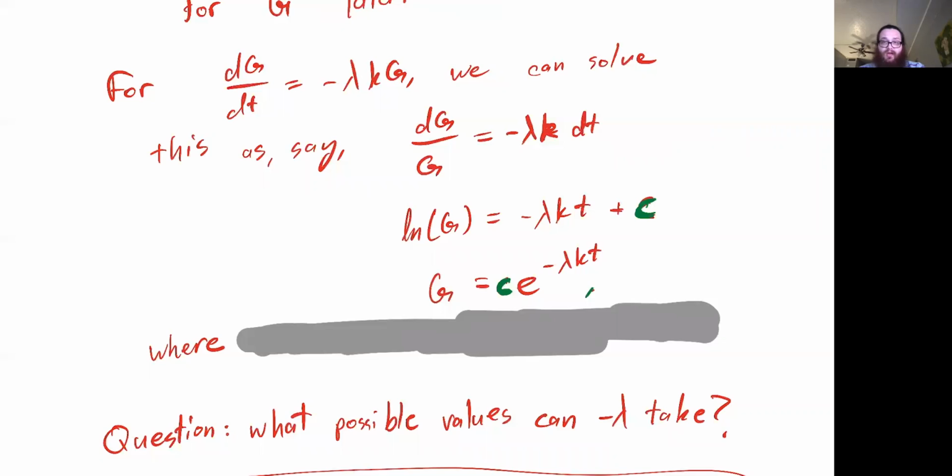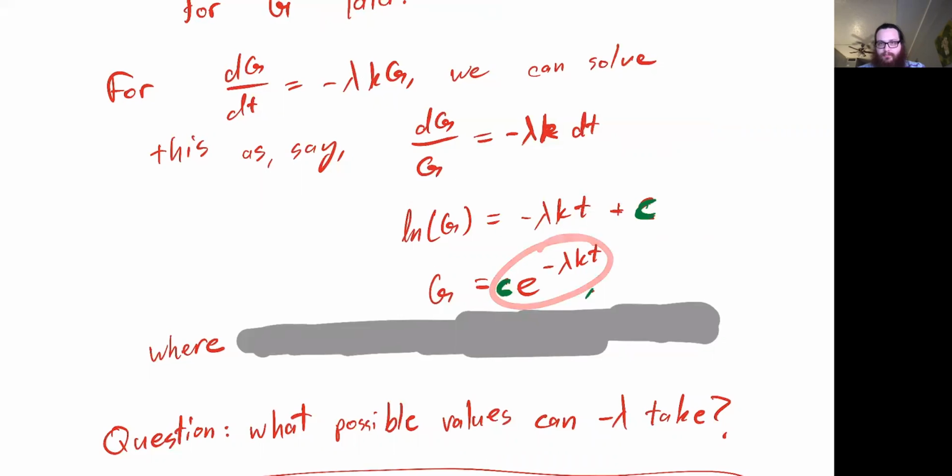So what this tells us is that, in these building blocks of product solutions, the piece that depends on time is going to be exponential. Right now lambda can be anything, but especially if lambda is positive, and k is pretty much always positive for our situations.